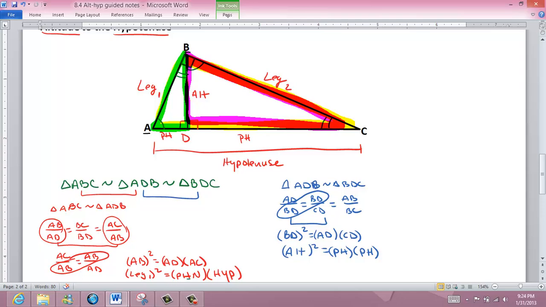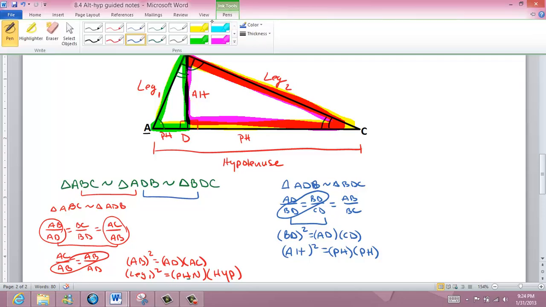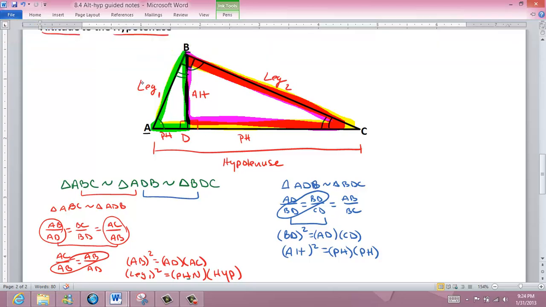Okay, now let's take, we still have one more set of triangles to look at, and we'll use green for it. We're going to take the first triangle and the last triangle, and I'm actually going to do that up here in the corner. Triangle ABC is similar to triangle BDC.